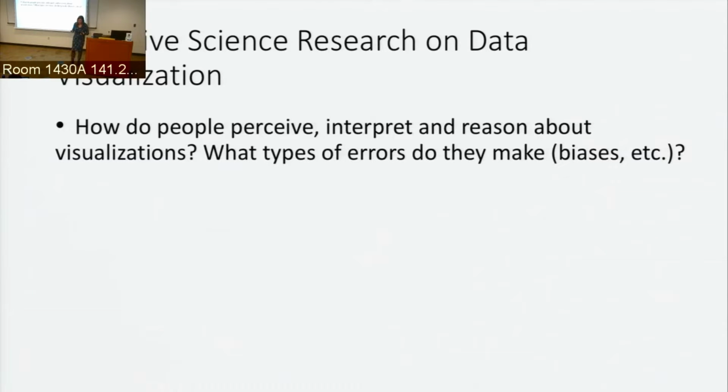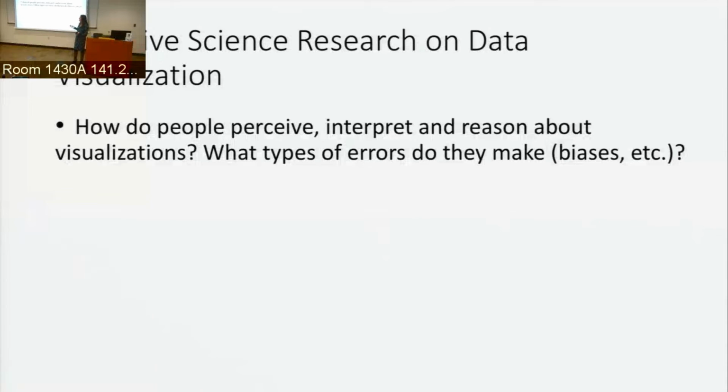Essentially, this kind of work is interested in how people perceive, interpret, and reason about visualizations. Because honestly, visualizations are a very new thing, right? They've been around for less than 300 years, right? The first visualizations started popping up very recently in time.